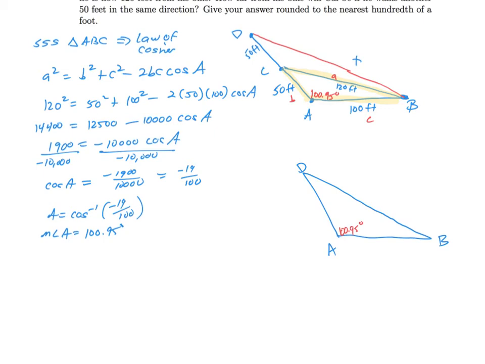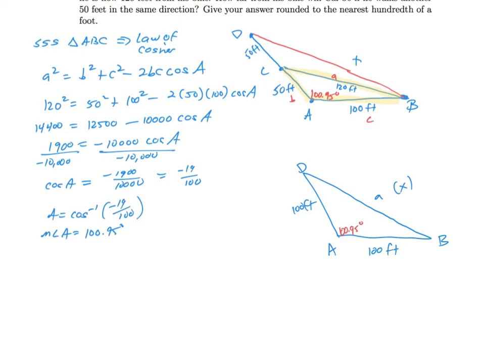AB, we know that's 100 feet. And then AD is 50 feet plus 50 feet. So that will be 100 feet. And now we need to find little a, which I called X in my previous diagram. But now I'm going to call it little a because it corresponds with our laws of sines and cosines if we use it that way.